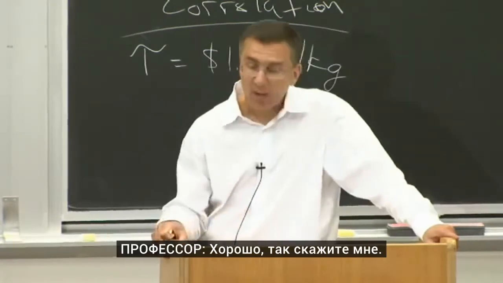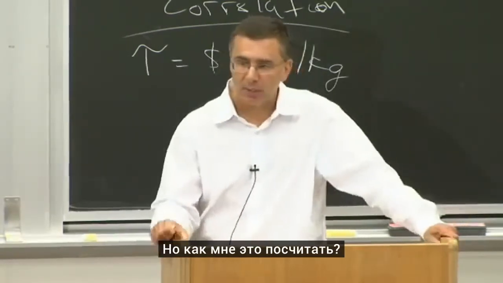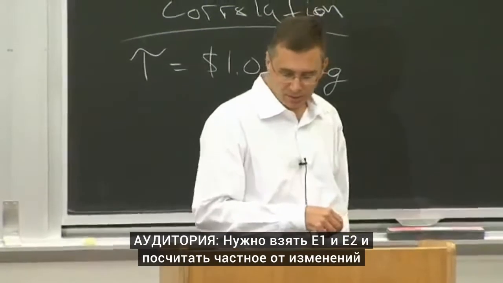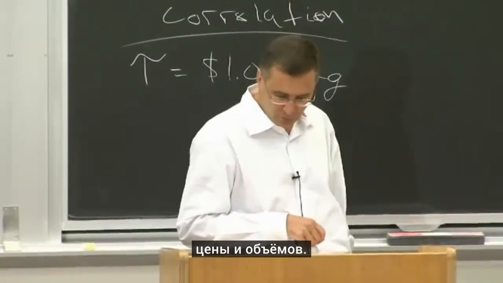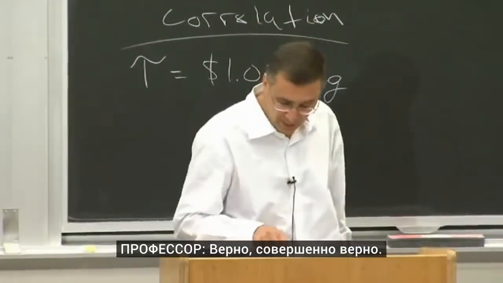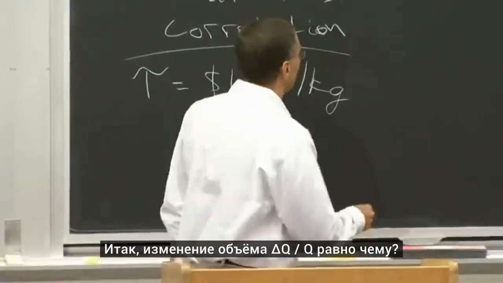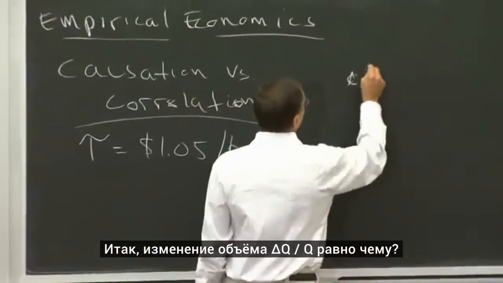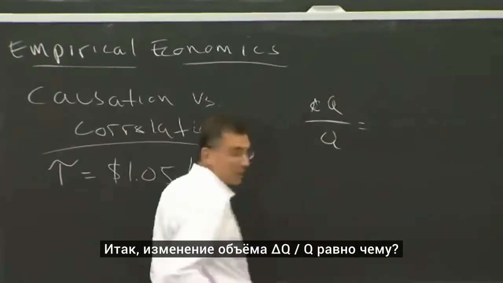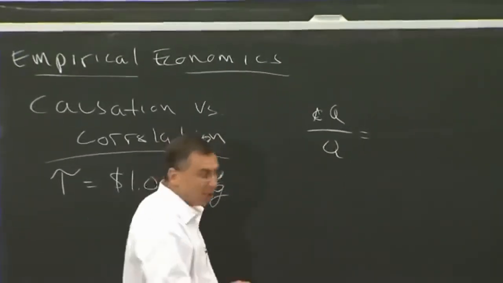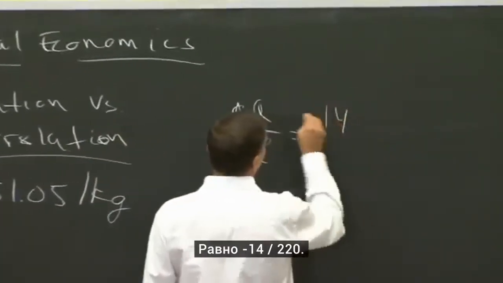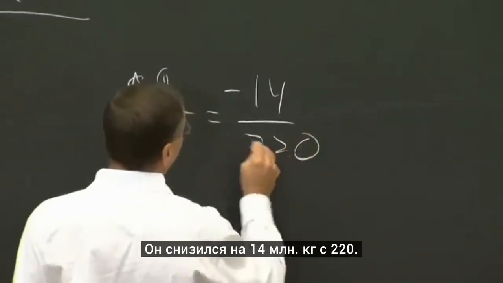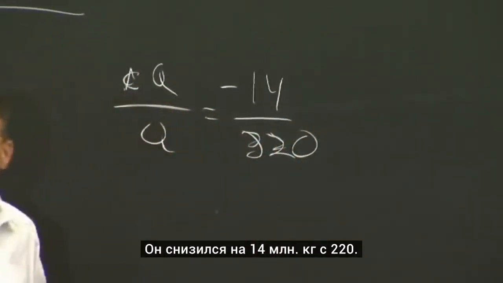Okay, so tell me. You don't have to do the math in your head, but how would I compute it? Okay, so you take E1, E2, and then you give some price over the quantity change. Right, exactly. So the quantity change, delta Q over Q, is 14 over 220. It's minus 14 over 220. It fell by 14 million kilograms over 220.